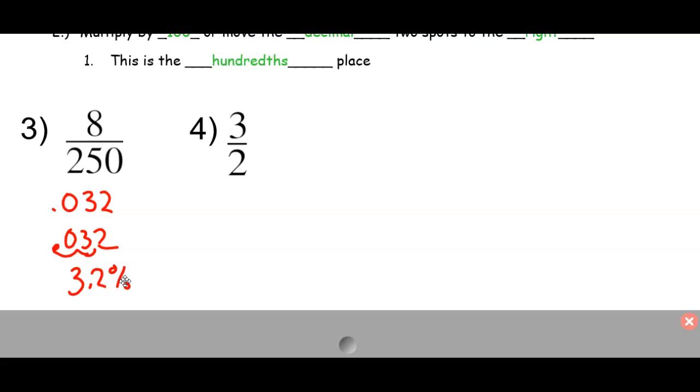Do number 4, come with that done. So divide your fraction, get a decimal, and then change it to a percent from there by either multiplying by 100 or moving your decimal 2 places to the right. So come with that one done in class.